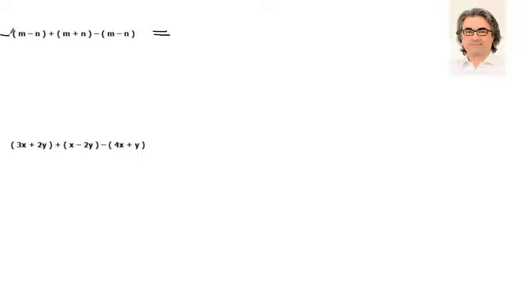Now in the first parenthesis, I have a plus sign in front of it. So I should write the terms in the parenthesis without changing their signs. Again, in the second parenthesis, I have a plus sign in front of it. I should write again without changing the signs of each term. But in the last parenthesis, I have a minus sign in front of it.